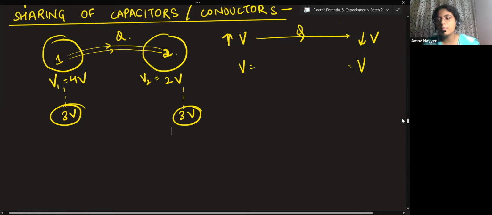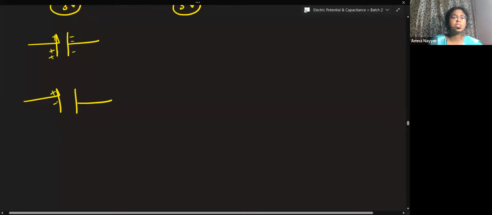Now in case of capacitors, let's take 2 capacitors. This is the first capacitor that I have taken, this is another capacitor. This is the positively charged plate, this is the negatively charged plate. This is C1, and let's say the potential is V1.